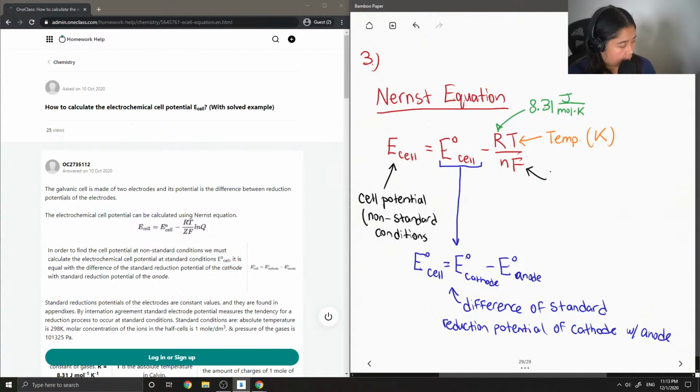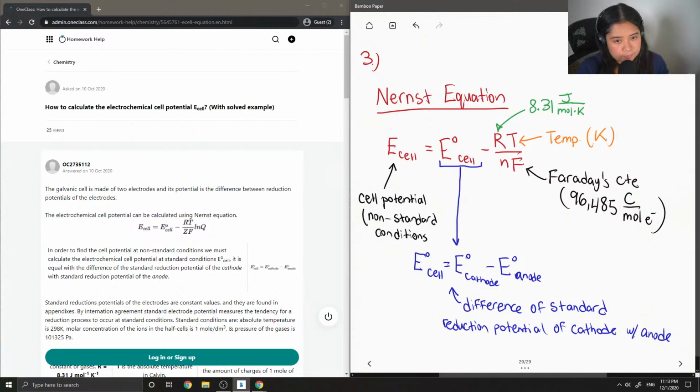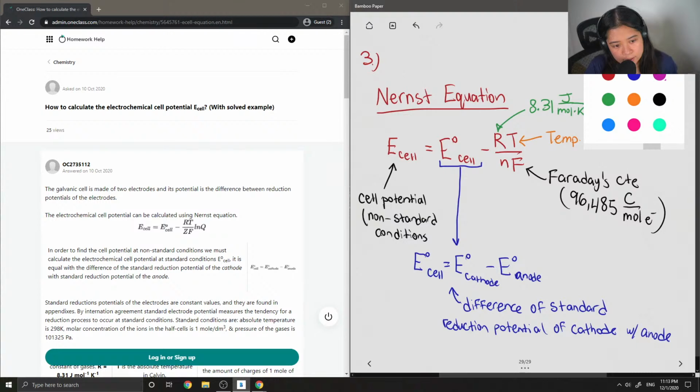F is another constant, and it's called Faraday's constant. Its value is 96,485 coulombs over mole of the electrons. And finally, N is the number of electrons transferred.